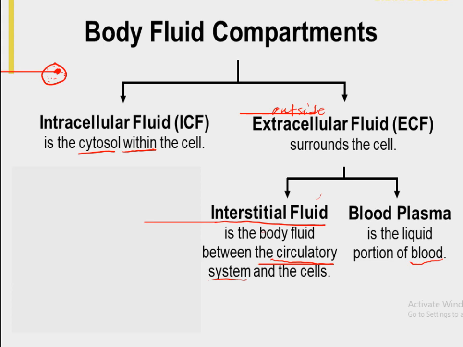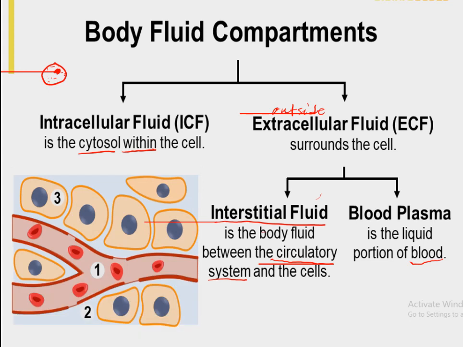Now, let's look at the diagram, how it can be shown. When you look at the diagram, I have this number 1 here and this number 2 here. Number 1 and number 2 form the extracellular fluid, and number 2 is specifically called the interstitial fluid, the fluid between the cell and the circulatory system.